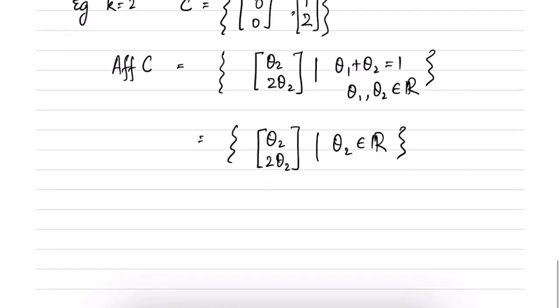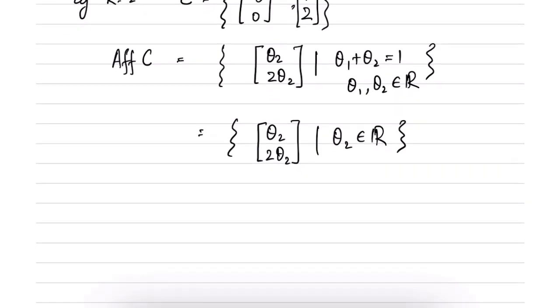So what kind of set is this? It contains points of the form (theta 2, 2 theta 2) for any real number theta 2. So as you can imagine, this is a line that passes through (0, 0) and (1, 2).